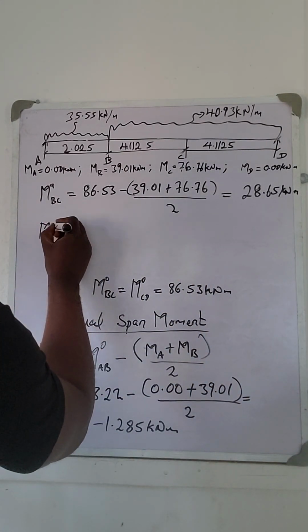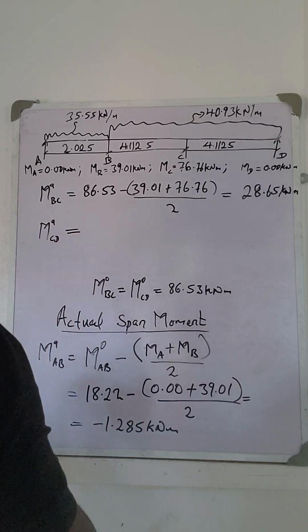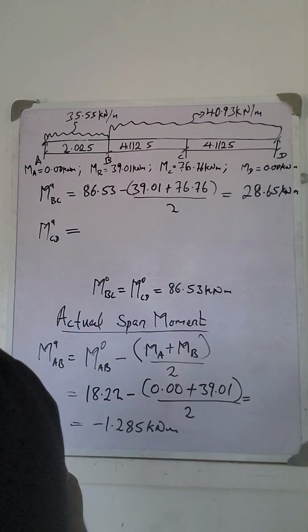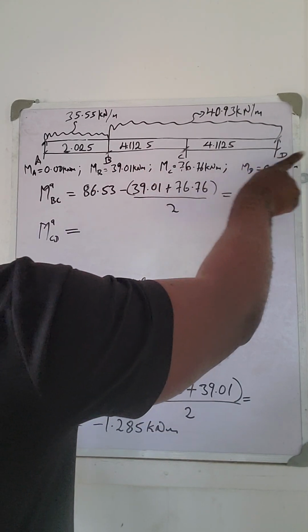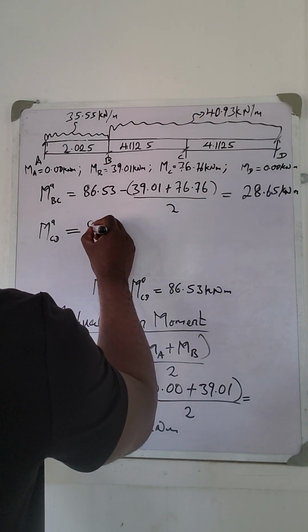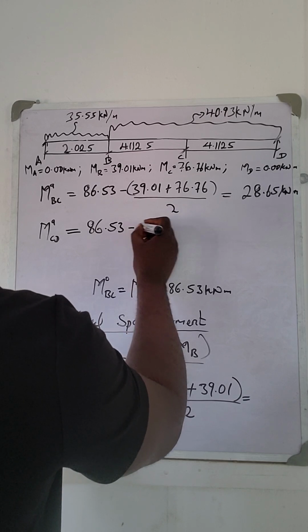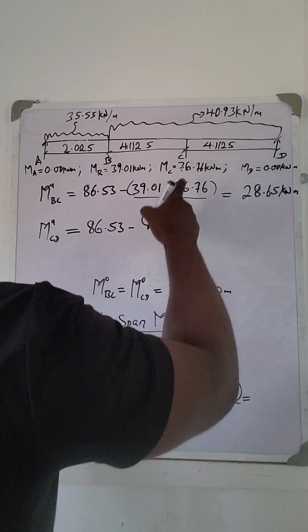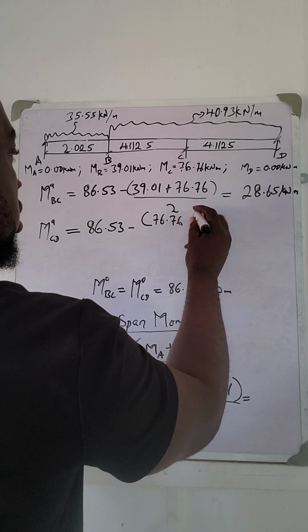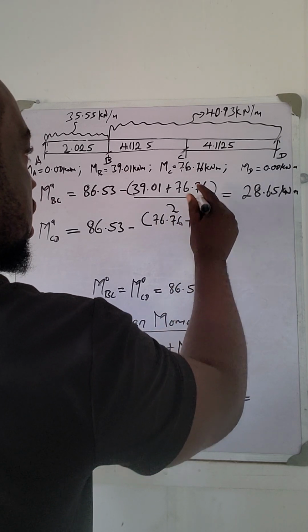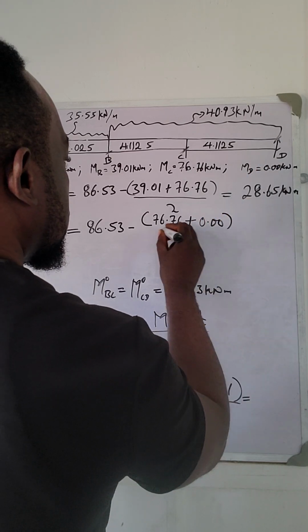The free span moment CD is equal to the free span moment BC. So we're going to use this value, 86.53, minus, now we have MC to be 76.76 plus MD, which is 0.00, over 2.